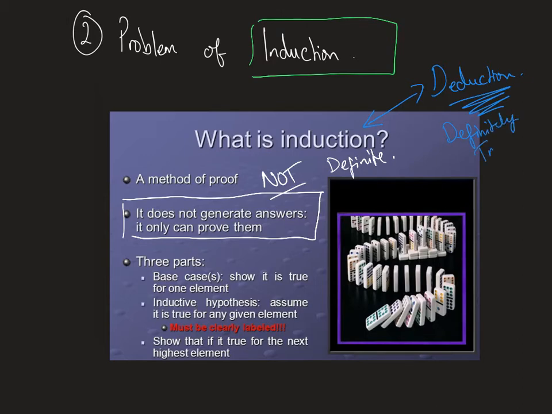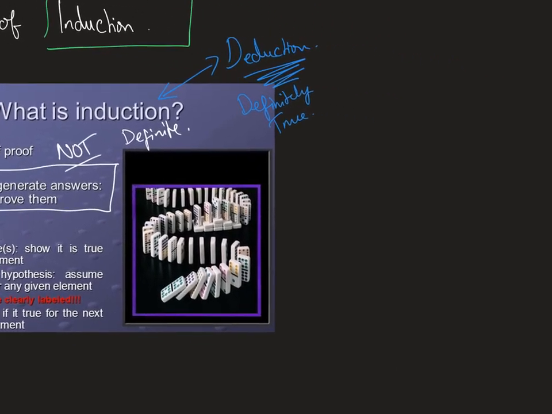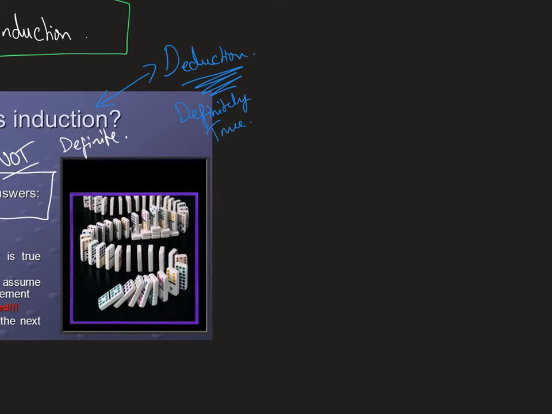So for example, let's imagine I say to you, we'll go with lateral thinking now: all humans are mortal. So all humans die. And I say Socrates, who was a famous Greek philosopher, is human.